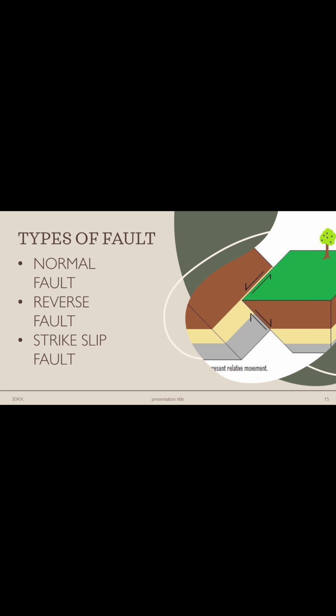When rocks on either side of a nearly vertical fault plane move horizontally, the movement is called strike-slip. An oblique-slip fault is a special type of fault that forms when movement is not exactly parallel with the fault plane. Oblique movement occurs when normal or reverse faults have some strike-slip movement, and when strike-slip faults have some normal or reverse movement.